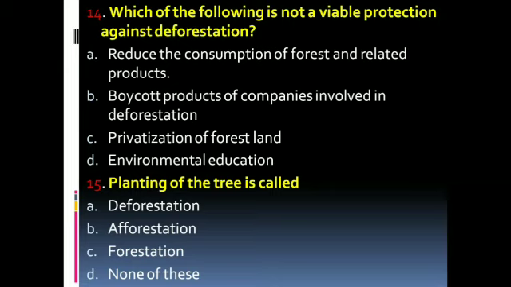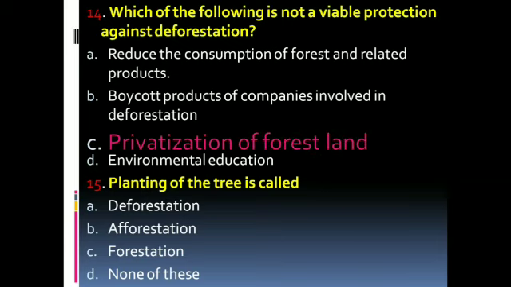It will lead to over exploitation of the forest. So therefore C is the right option. Environmental education, boycott of products of companies involved in deforestation, and reducing the consumption of forest and related products are the activities which will help in protecting the forest and preventing deforestation.